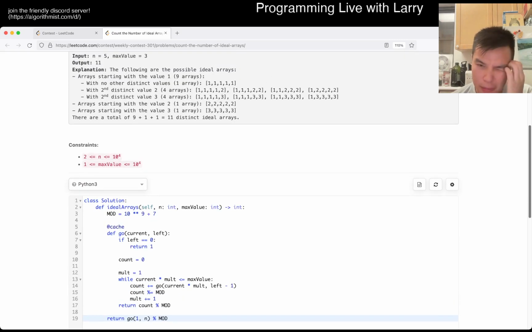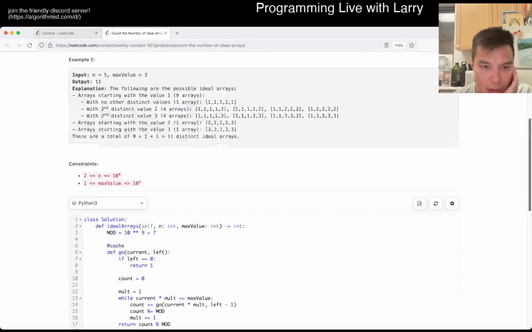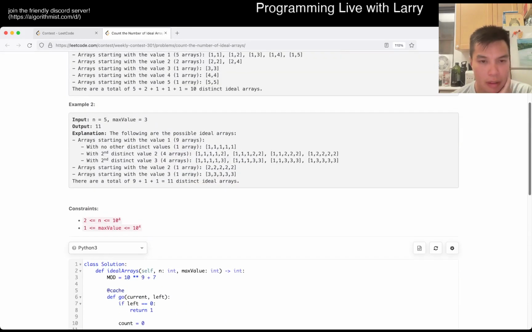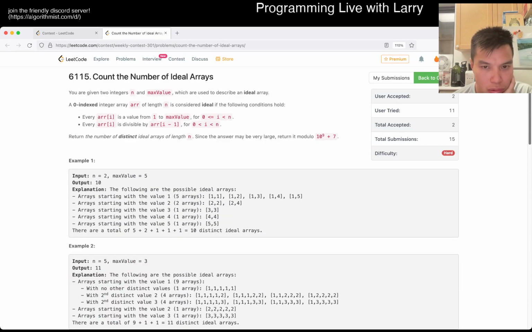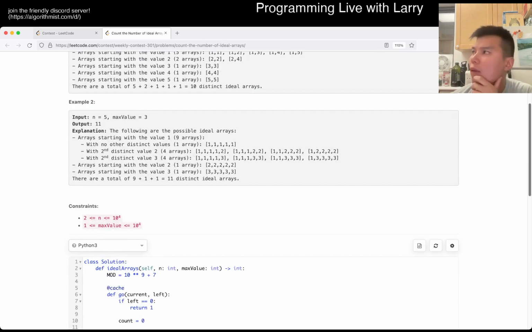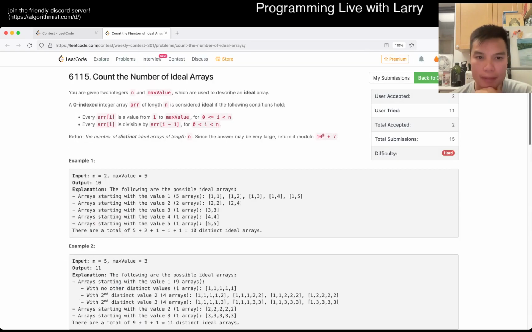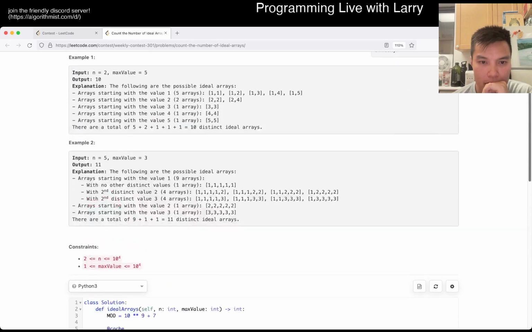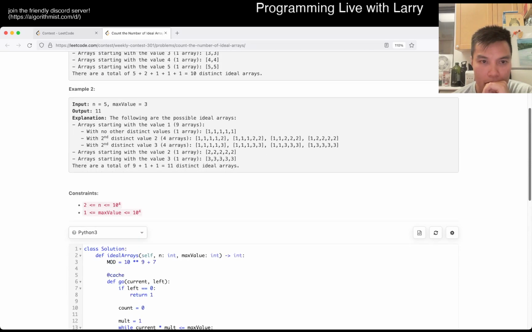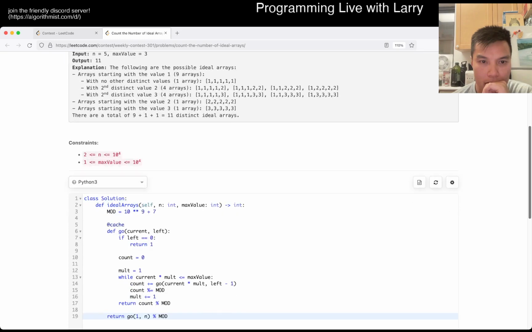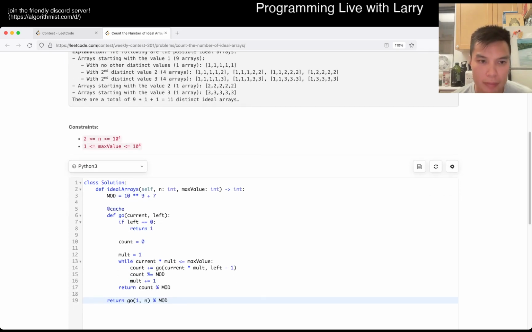Is it better to go max value the other way? But it's still going to be the same, I think.